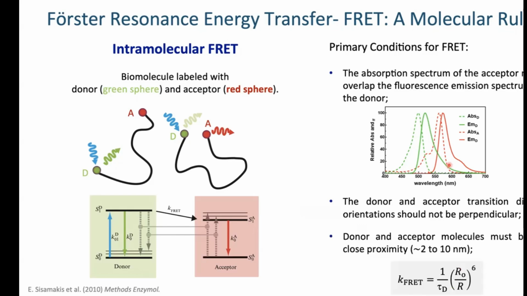And also important for us, since we use FRET as a spectroscopic ruler, the donor and receptor molecules must be in close proximity, below 10 nanometers. As shown here, this rate constant of FRET energy transfer depends on the inverse of the sixth power of the distance between these two fluorophores.